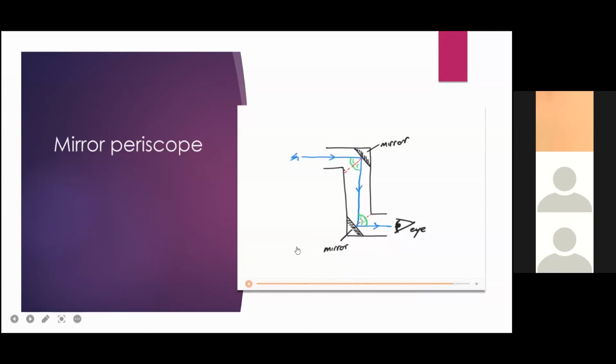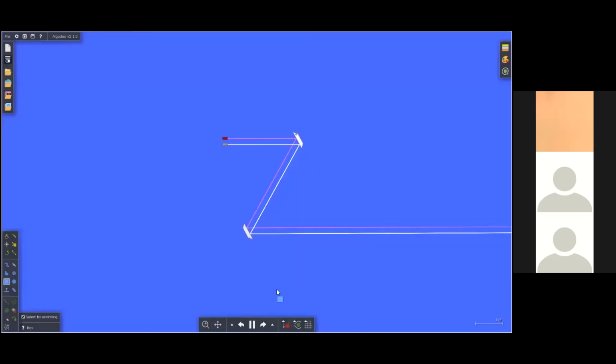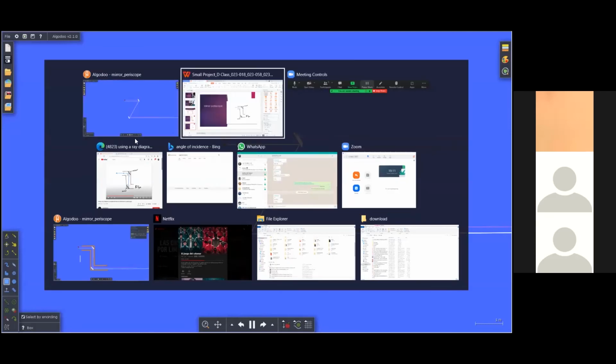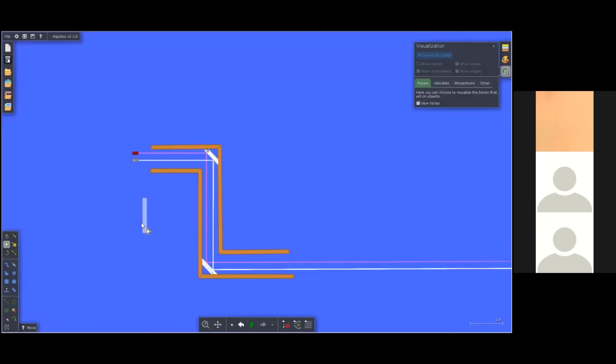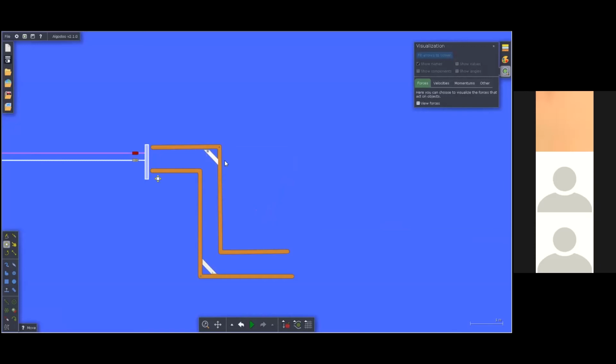Now I will try to simulate how the periscope works in the software called Agodo. At first, I will block the rays with the mirror, so we can see how the lights go through the periscope.